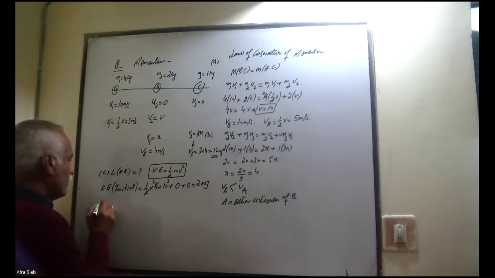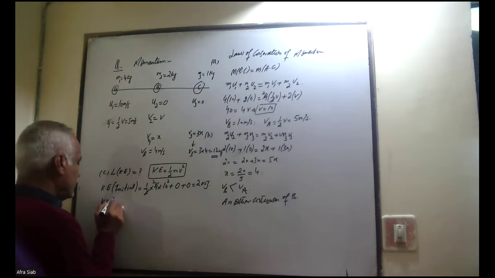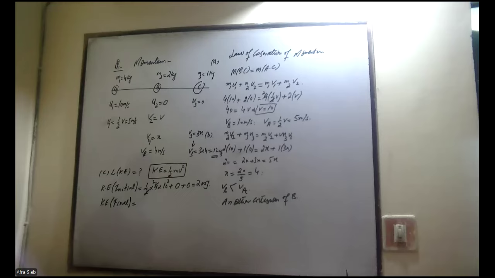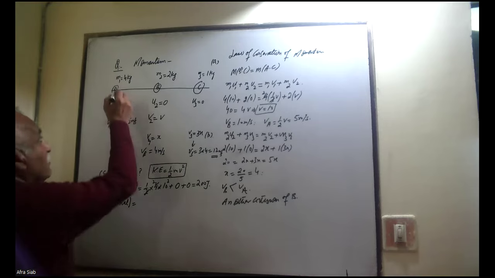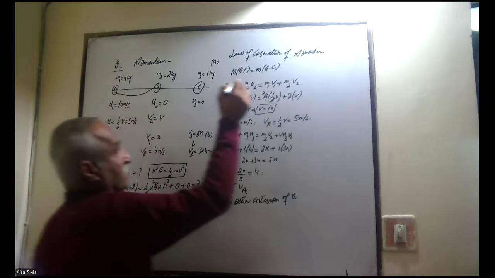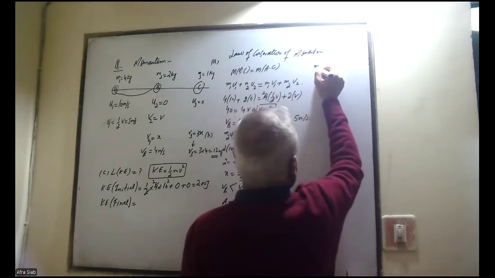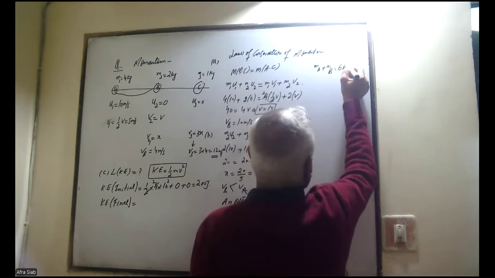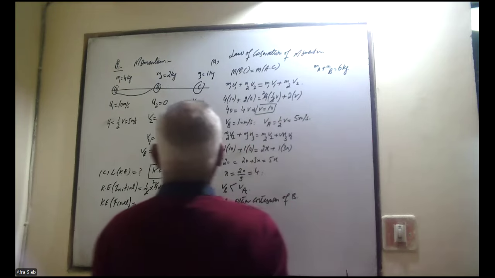But we are going to find out the kinetic energy for the final. For the final, we know that A and B are going to be coalesced with each other and their masses will become together equal to 6 kg. So mass of A plus mass of B is equal to 6 kg.